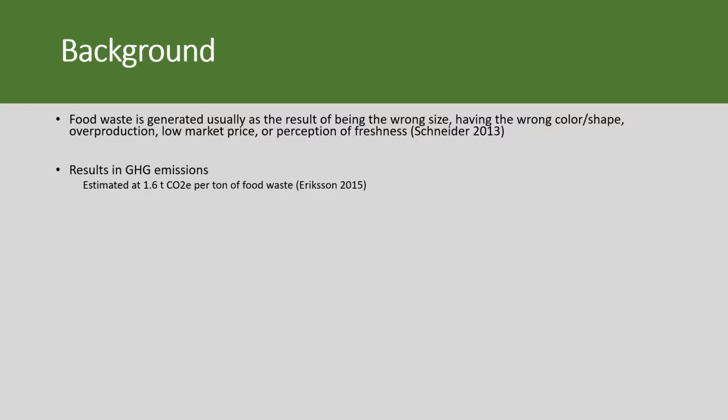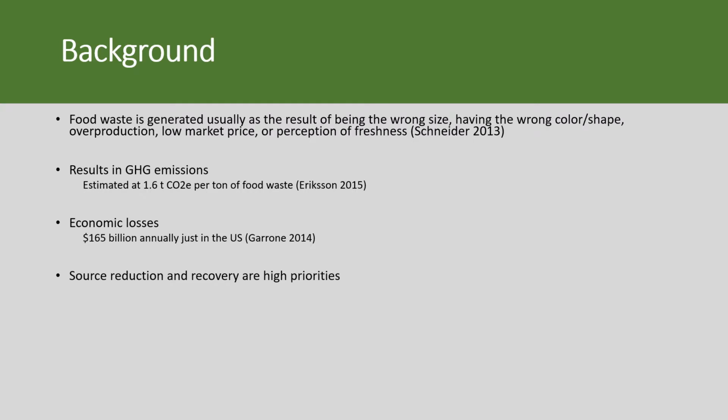There are incredible economic losses. In the US alone, there are $165 billion wasted annually just from food waste. It's been cited by the EPA that source reduction and recovery are incredibly high priorities when it comes to reducing food waste.